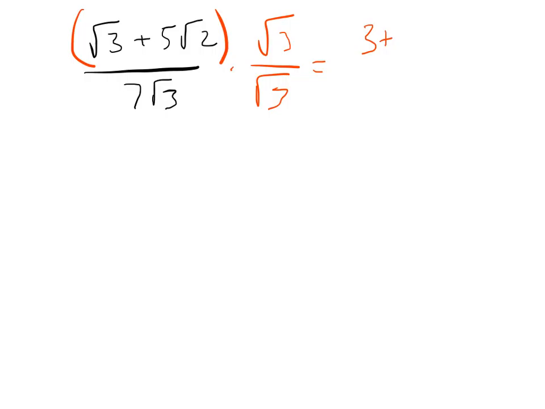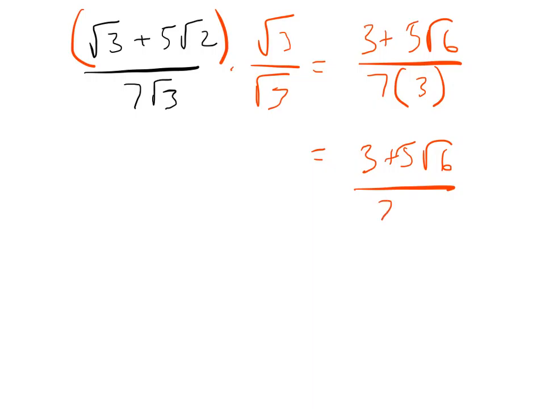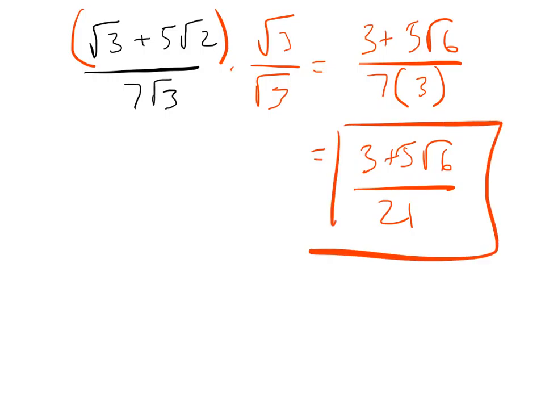I'm going to multiply my radical parts of that, and I'll get 5 root 6 over 7 times 3. Simplifying that a little bit more, I get 3 plus 5 root 6 over 21. Looking there, I don't see anything that 3, 5, and 21 have in common. So that's going to be my final answer, 3 plus 5 root 6 over 21.